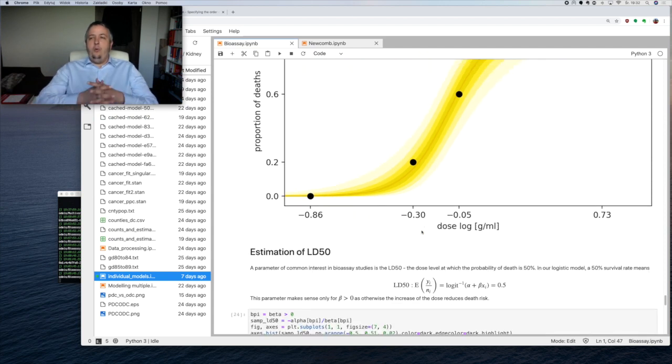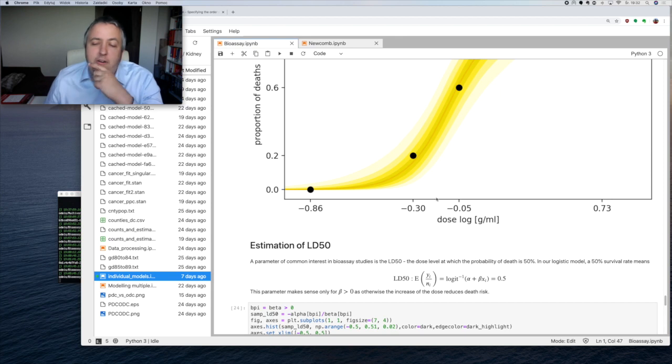And finally, we go to the question that is typically asked in such situations, the so-called LD50 parameter. This is the dose level at which the probability of death is 50-50. Because our model is a logistic model, we are looking for the value where alpha plus beta xi is equal to 0.5.